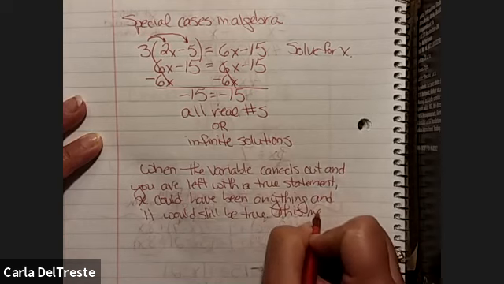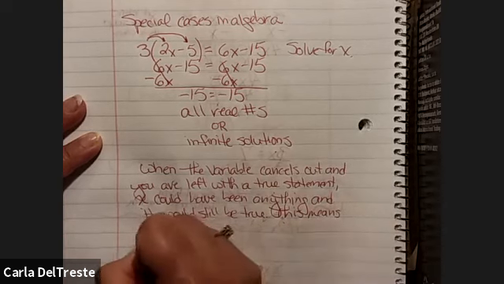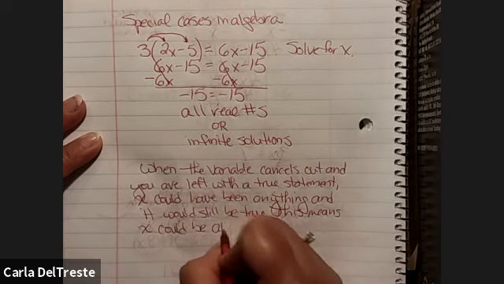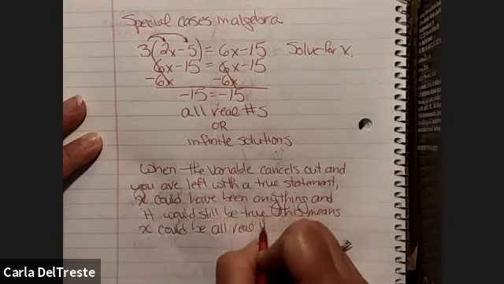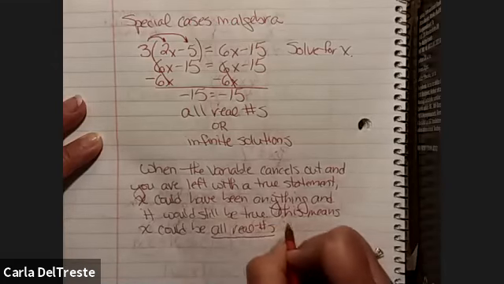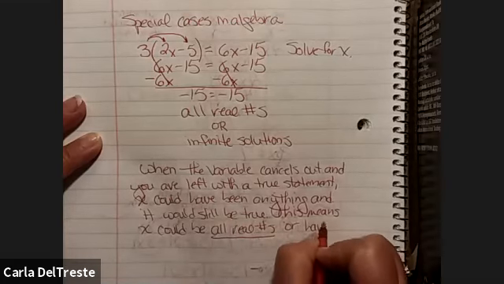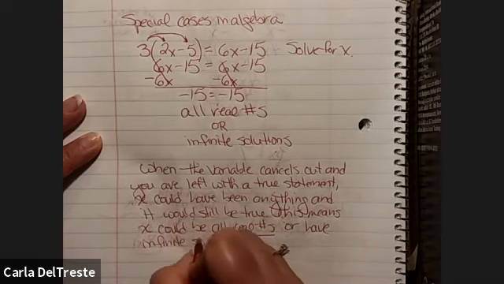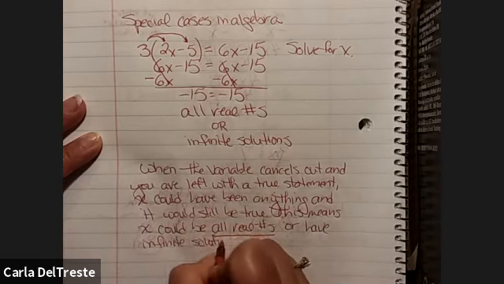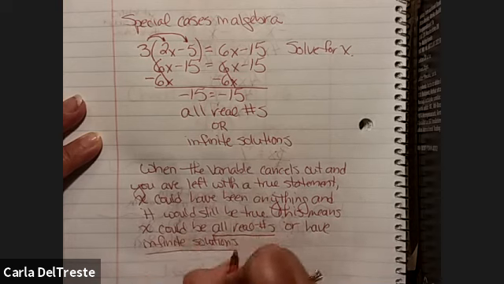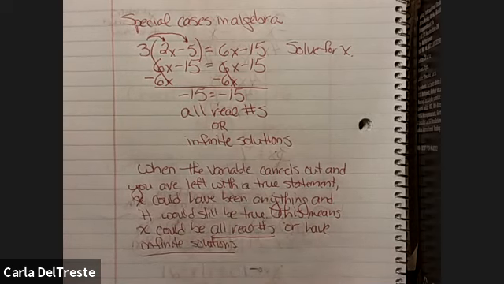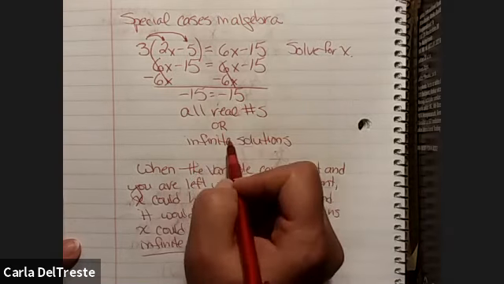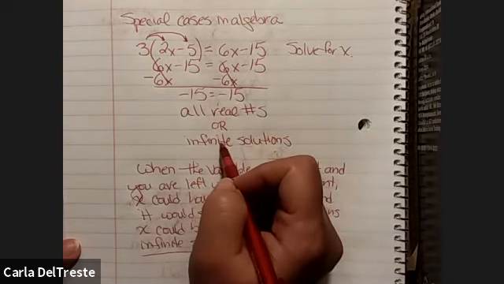This means x could be all real numbers or have infinite solutions. And like I said, you don't have to say both, just pick one. But you can't just stop here, okay? You have to make a statement about the solutions.